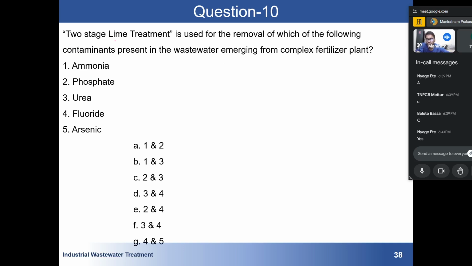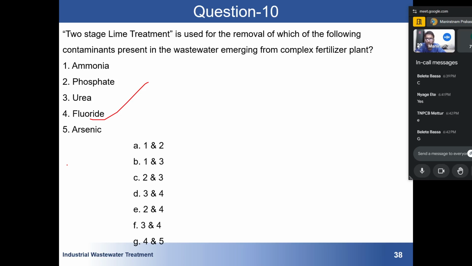Two-stage lime treatment is used to remove which of the following contaminants present in water emerging from a complex fertilizer plant? One we have already seen, fluoride. Two-stage means one of the contaminants in the fertilizer industry is fluoride. Which one is the other one?